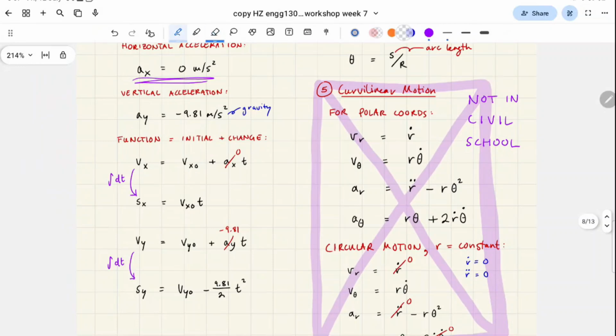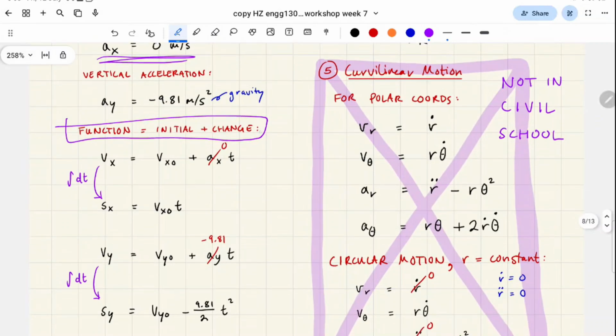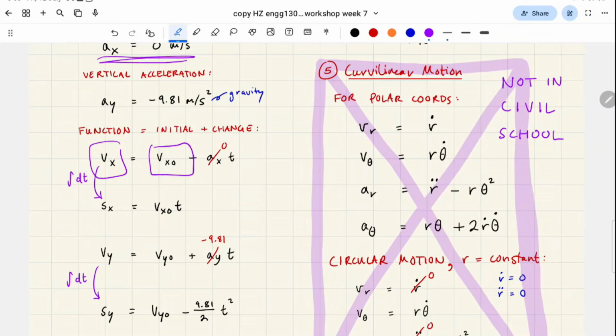Okay, here's something which I like to keep as a rule of thumb. The function is your initial plus your change component, right? Basically, your function for velocity is going to be your initial velocity plus the change in velocity.